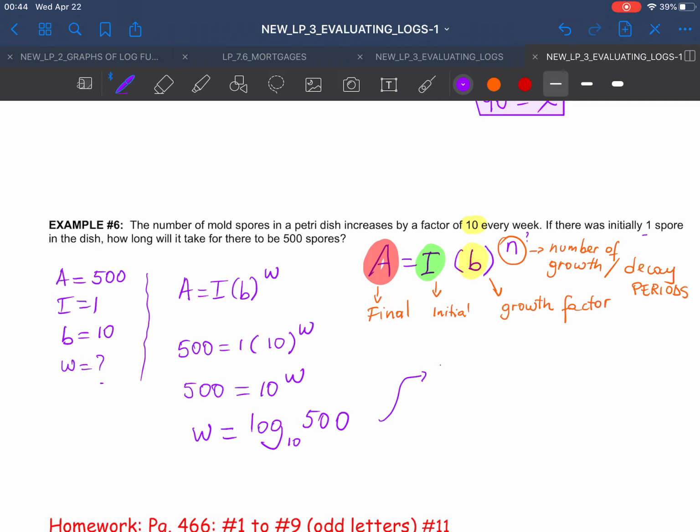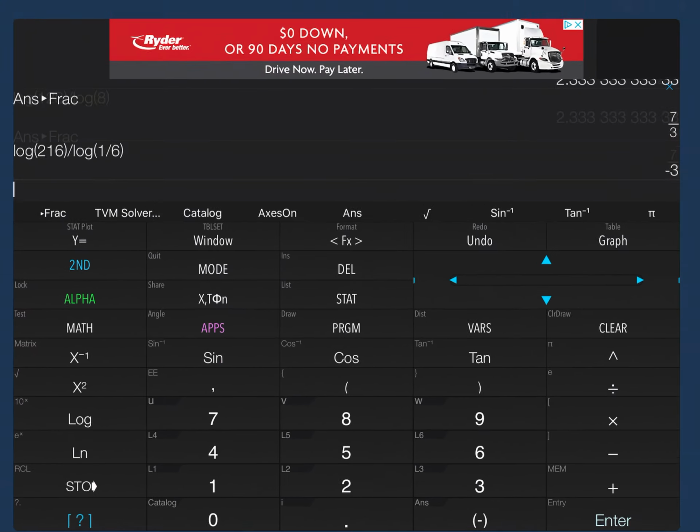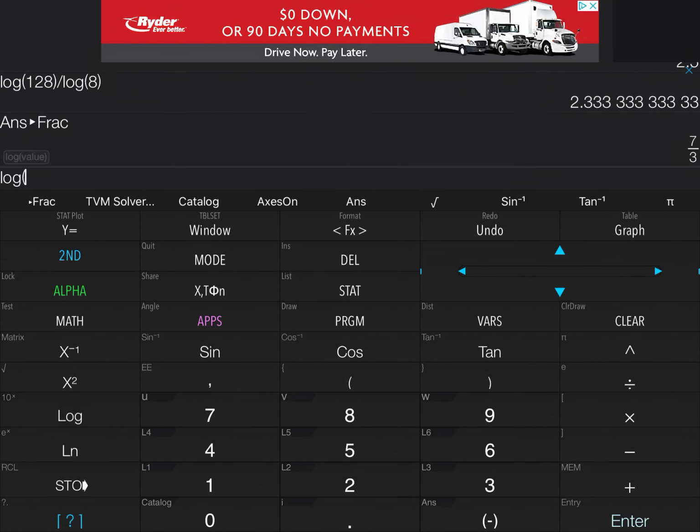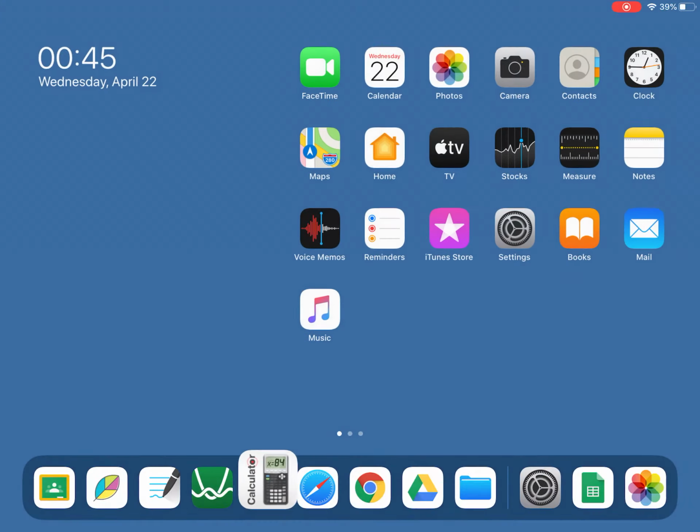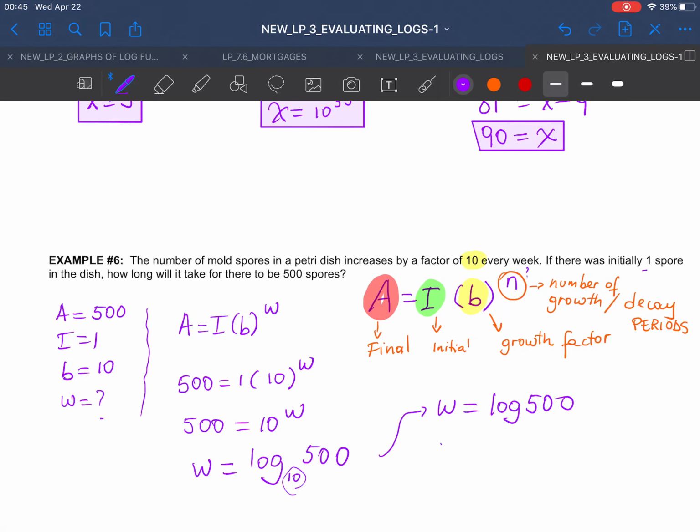Even better, I can say that W equals log of 500, because when the base is 10, we may or may not want to write it. And in order to find that, I'm going to use a calculator simply by entering the numbers. And it looks like it's 2.7 weeks.